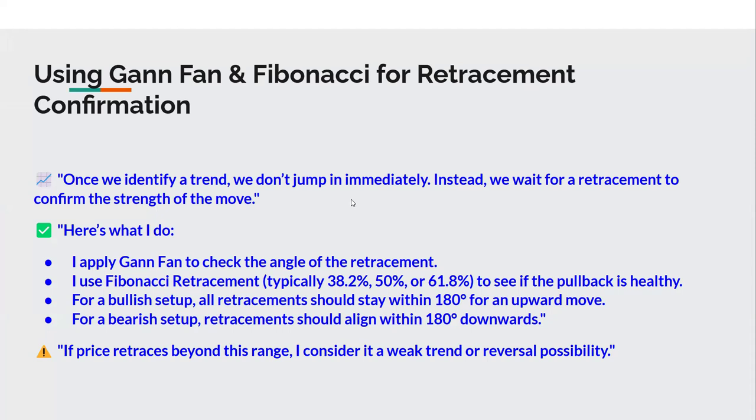For a bullish setup, all retracements should stay within 180 degrees. That is the circle, the 5-minute circle, for an upward move. For a bearish setup, retracement should align within the 180 degrees downwards. If the price retraces beyond this range, I consider it a weak trend or reversal possibility.